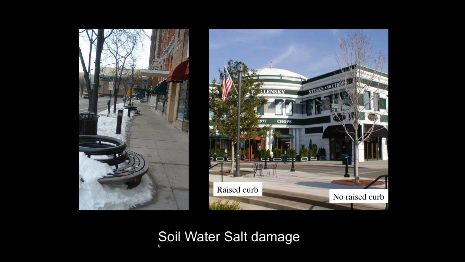The picture on the right is a project where they had a lot of death of trees all over this retail environment. And there was one set of trees that had a little tiny raised curb for some reason around it. They were scattered around the community. I have no idea why the design was different, but it was.